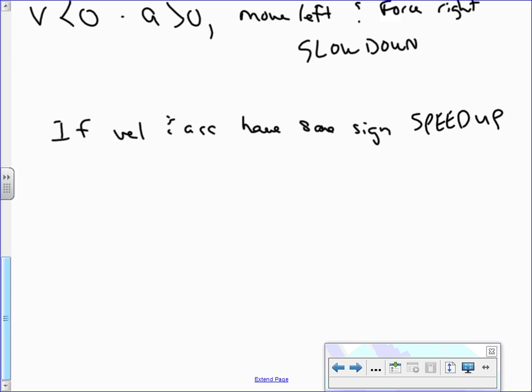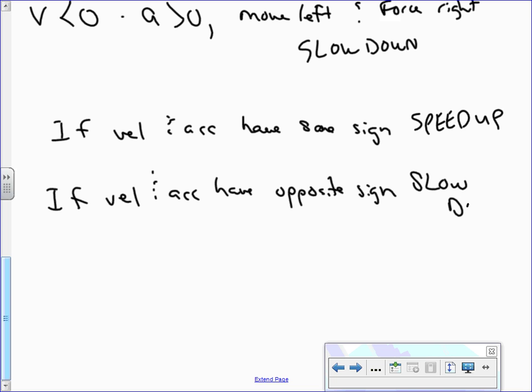Go faster. In that same direction. If velocity and acceleration have opposite signs, then I am going to slow down. And I may eventually stop, but I'm definitely going to slow down. Okay?